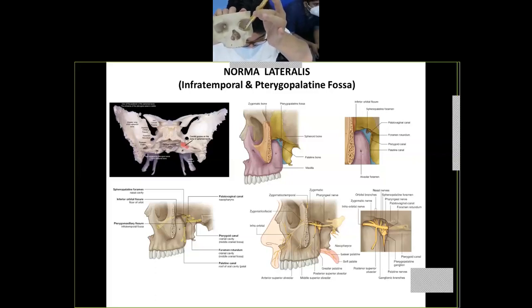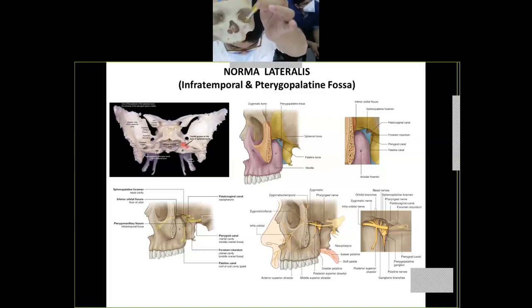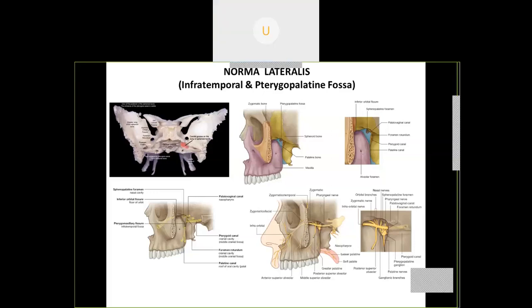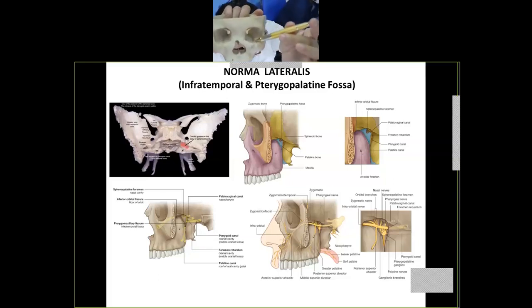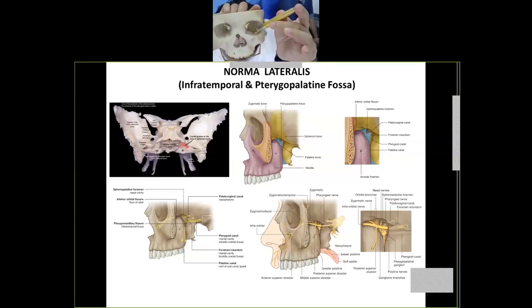This is the inferior orbital fissure. Okay, the opening below. Can you see? Yes, sir. Above, you can see very nicely, it's the superior orbital fissure. Below there is an opening. Below this is the inferior orbital fissure. Okay, superior and inferior.